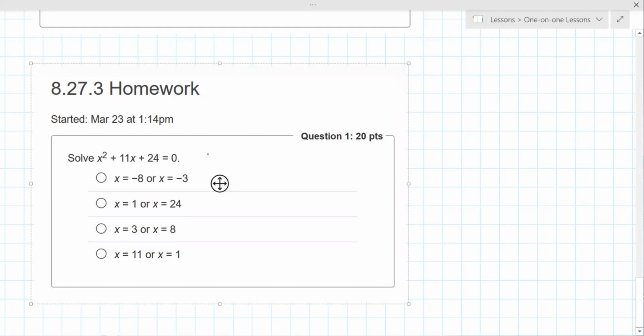You can either factor, or we can use the quadratic formula, but I'm okay if you factor this.